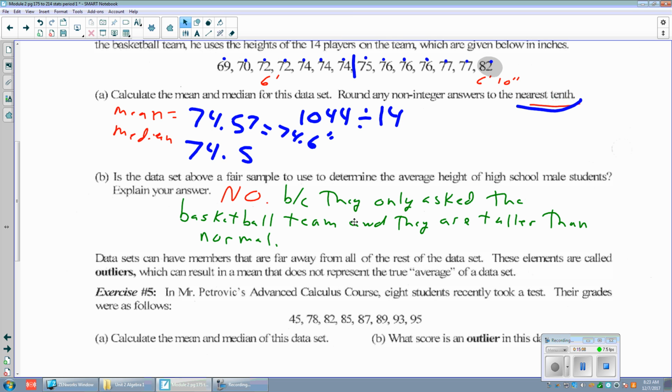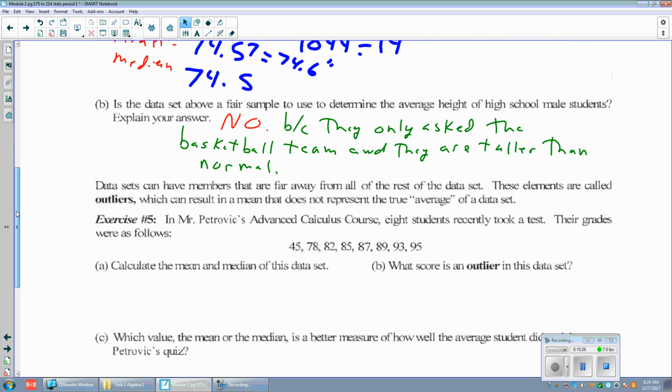Normal is another word for typical or average. Okay? So that's a really good answer. But you have to say something about, no, because they're taller. Taller than average, taller than normal, taller than a typical person. Okay? They're specially selected for their height.